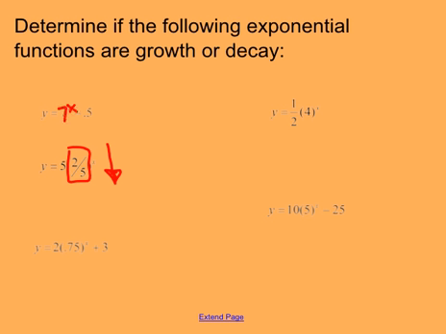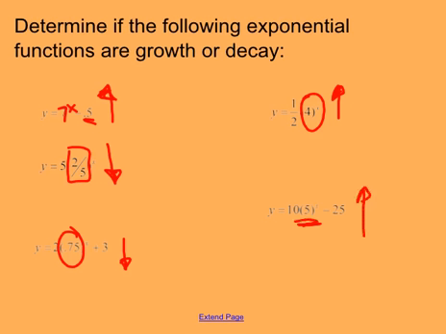Here is 7x. That's going to be a growth, right? That's going to get really big, really fast. Minusing a 0.5 isn't really going to do much. When we're at 7 squared, we're already at 49. Minusing a half isn't going to do much. This is actually going to be a decreasing one, all right? Even though you're multiplying by 2, that 0.75 is going to get smaller so fast that it is going to be decreasing. 4 to the x, that's going to be increasing, right? 5 to the x.